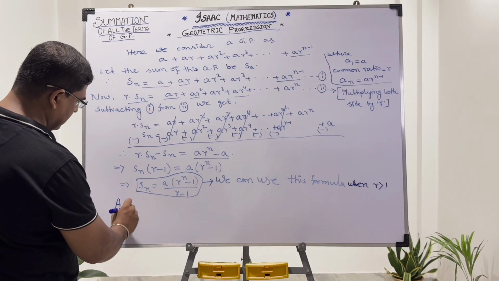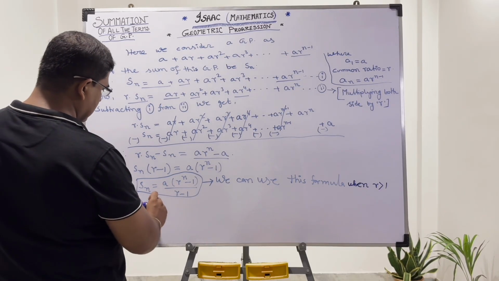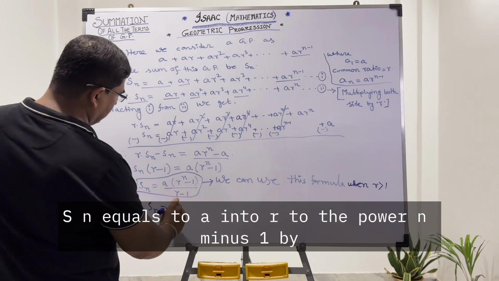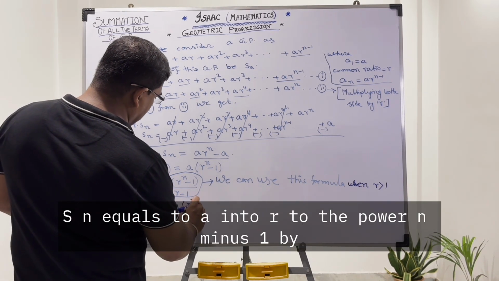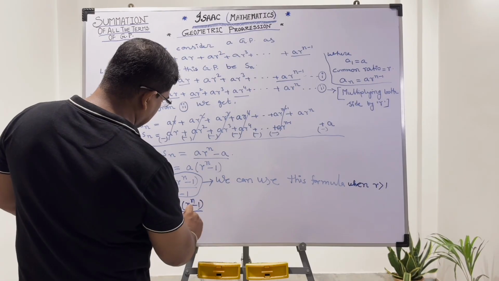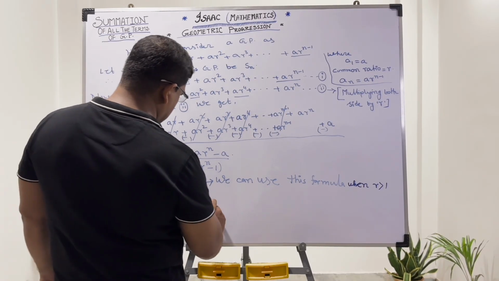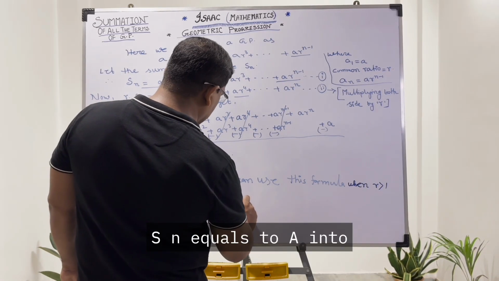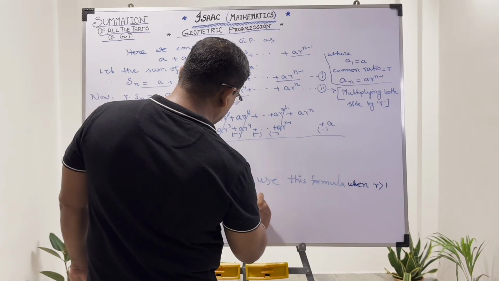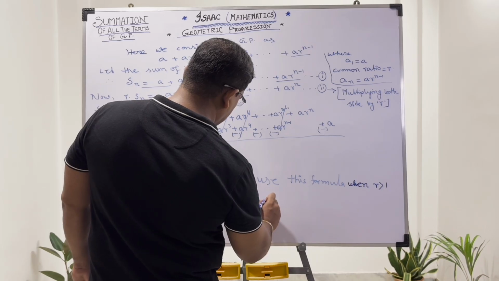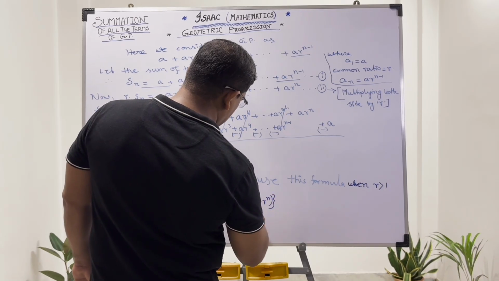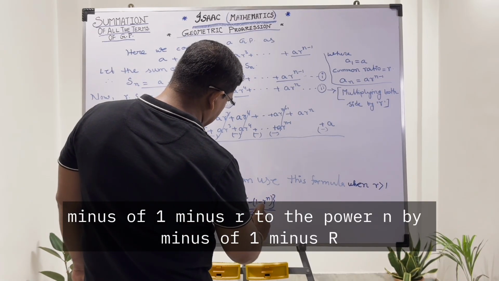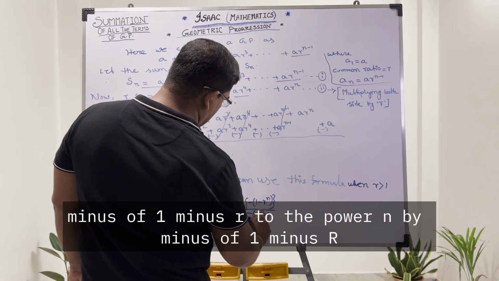Again, Sn equals a into r to the power n minus 1 by r minus 1 can be written as Sn equals a into minus of 1 minus r to the power n by minus of 1 minus r.